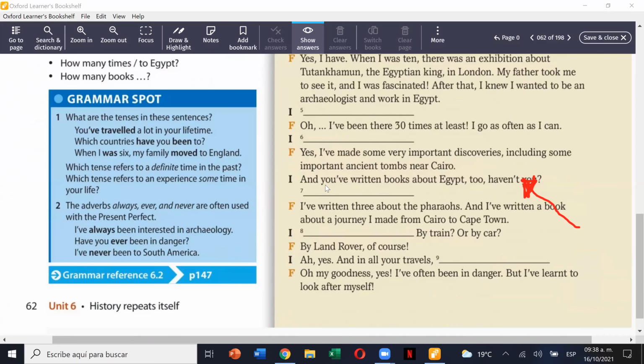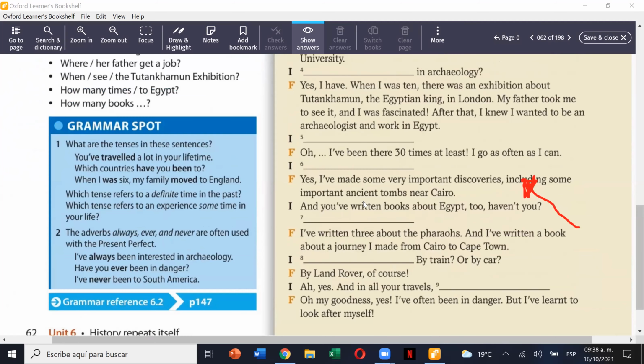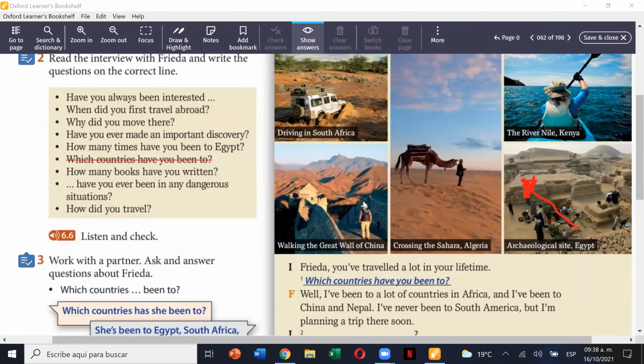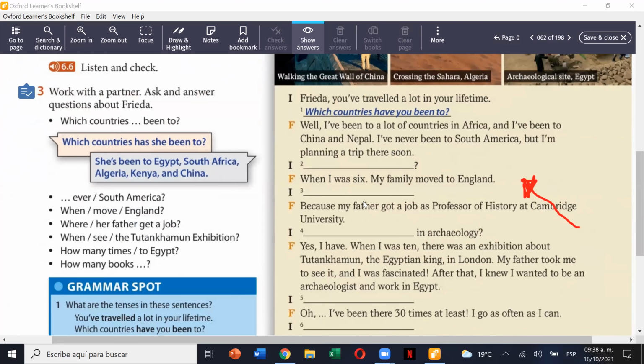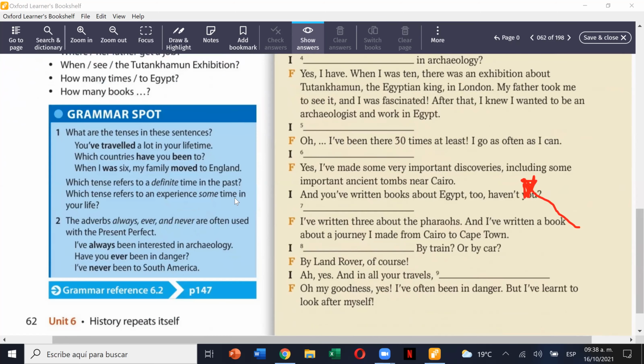And next, you've written books about Egypt. I've written 3. How many books have you written? Pronunciation, written. I've written 3.